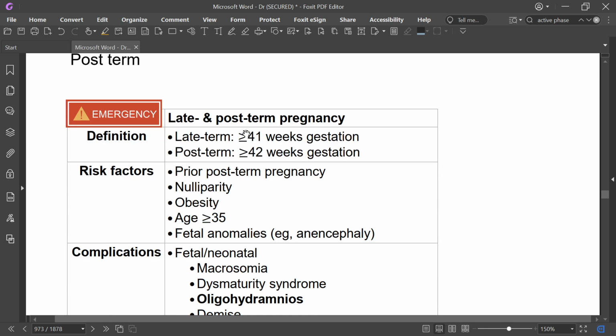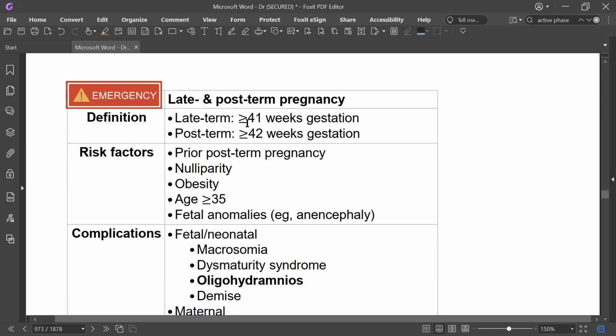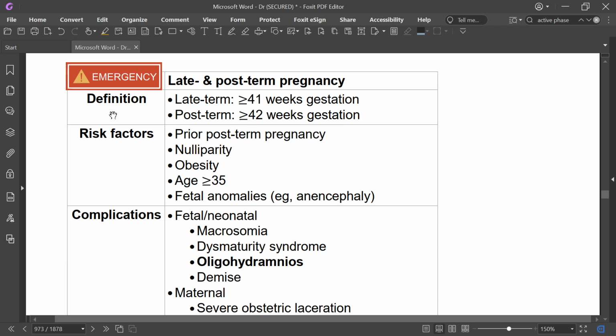Late-term and post-term. Late term is 41 weeks of gestation or more, and post-term is 42 weeks or more.